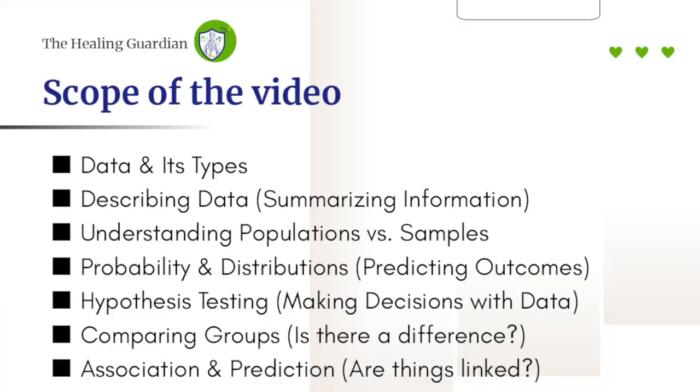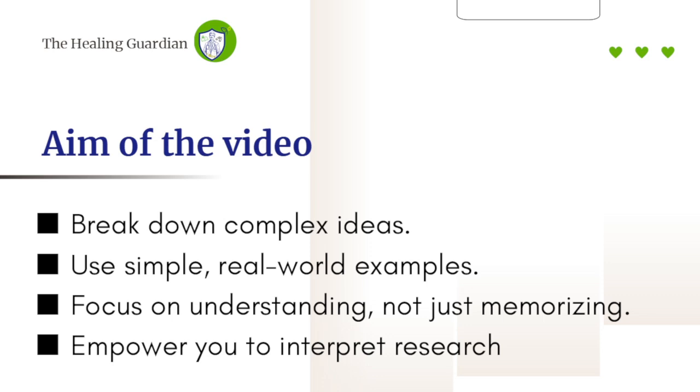We are going to look at data and its types, how to describe data and summarize information, understanding population versus samples, probability and distributions and how it is used to predict outcomes, hypothesis testing, and how we make decisions after collecting data, comparing groups to see whether there is a difference, especially after trials, and we'll look at association and prediction, how we identify whether one component is associated with another.